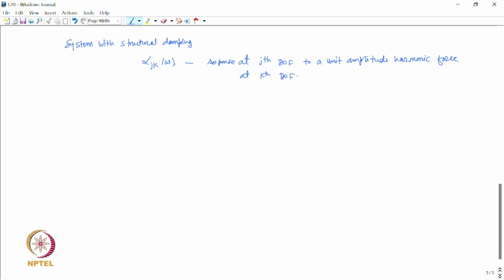And for a system with structural damping, we have the relationship between the frequency response function and the modal parameters that we have studied in one of the previous lectures, and that relationship is the summation from r equals 1 to n, if there are n modes of the system having n degrees of freedom, of phi jr phi kr divided by omega r squared minus omega squared plus i eta r omega r squared.